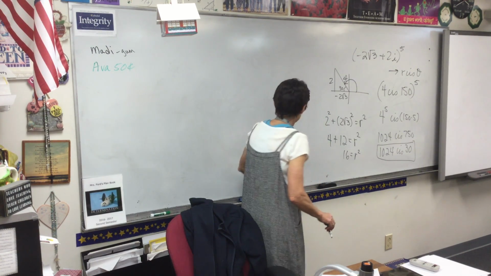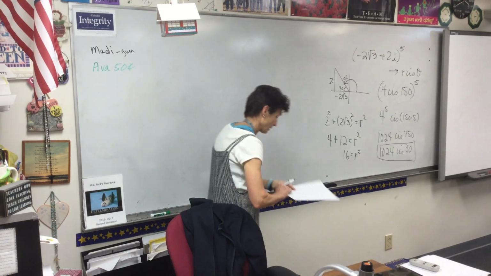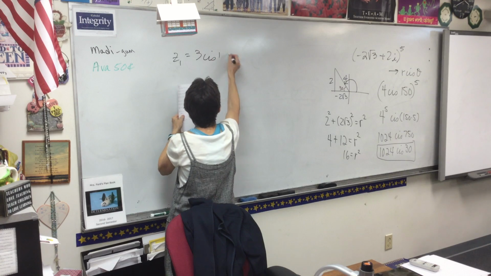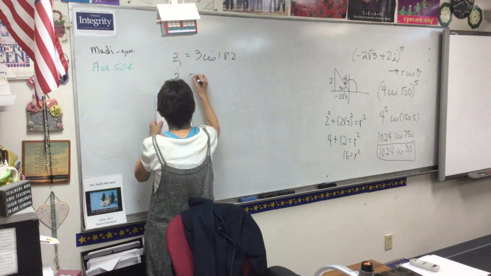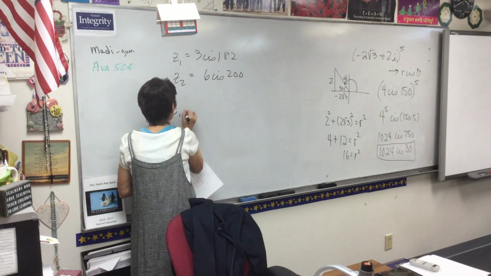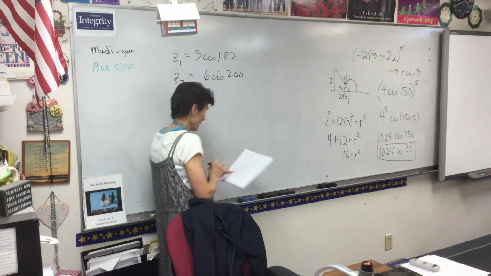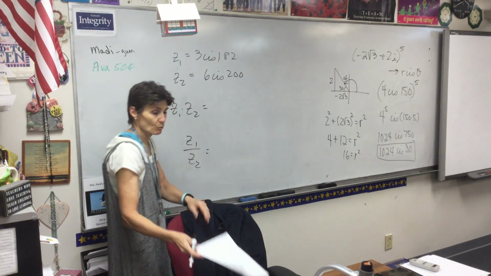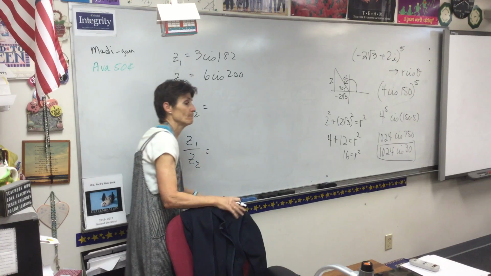All right, next problem. We're almost done. We've got 2 numbers, and we are going to multiply them and divide them. So who remembers the rule for multiplication, Jordan?